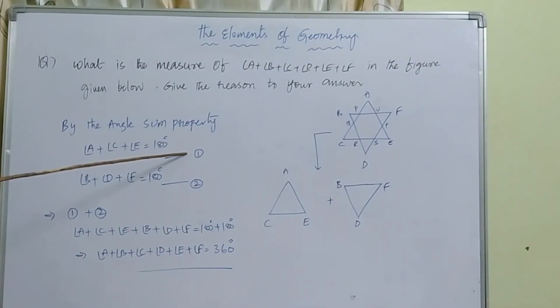So sum of equation 1 and 2, angle A plus angle C plus angle E plus angle B plus angle D plus angle F is equal to 180 plus again 180. So rearranging the angles, angle A plus angle B plus angle C plus angle D plus angle E plus angle F is equal to 360 degrees. This is the final result.